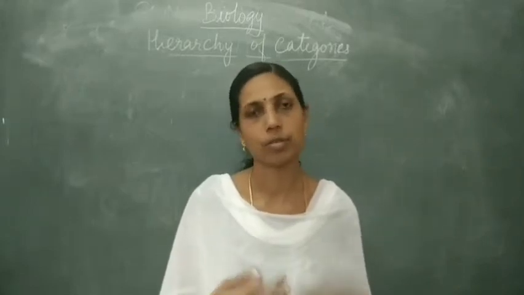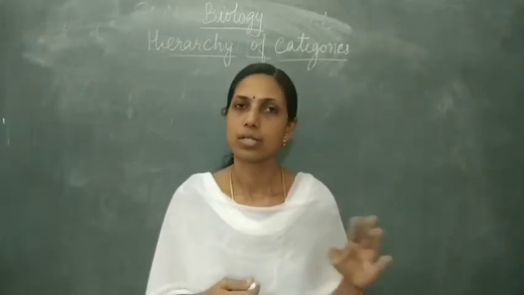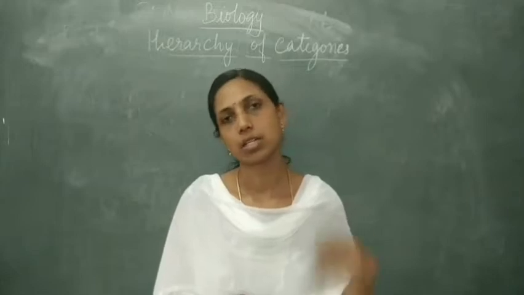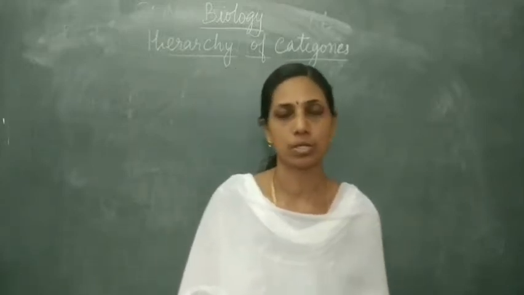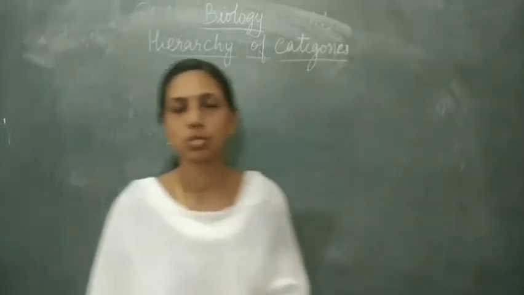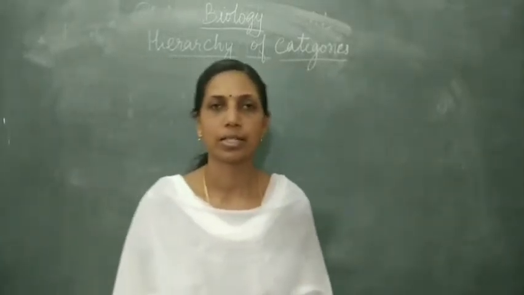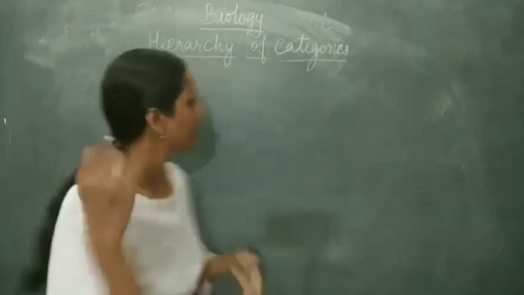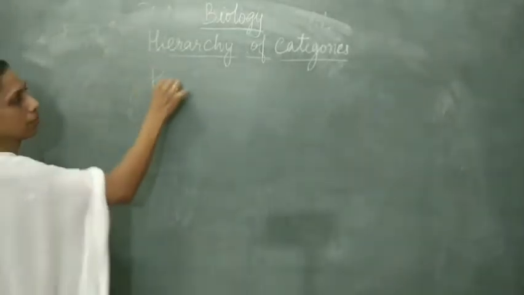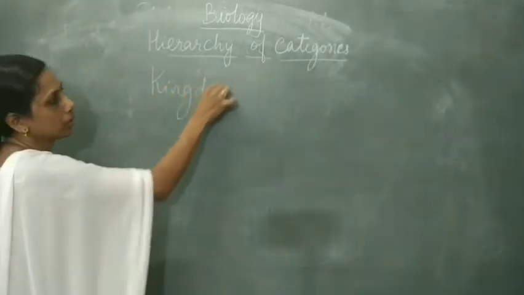You are already familiar with this in 9th standard. These 7 obligatory categories start from kingdom to the lowest level called species. So all living organisms are put into this hierarchy of 7 categories, from kingdom to species. The highest category is called kingdom.